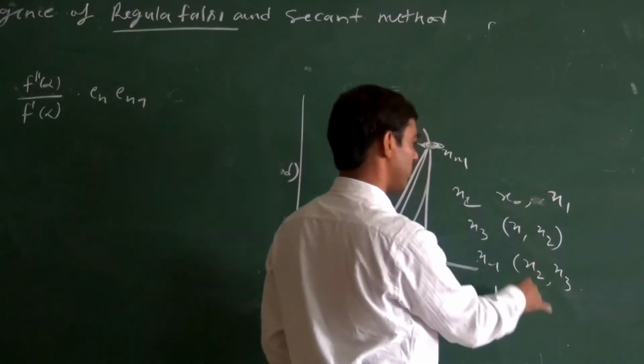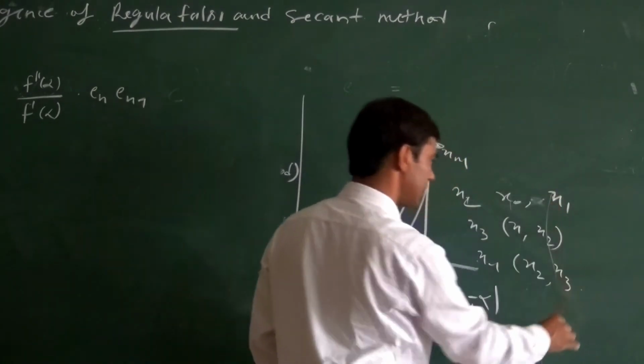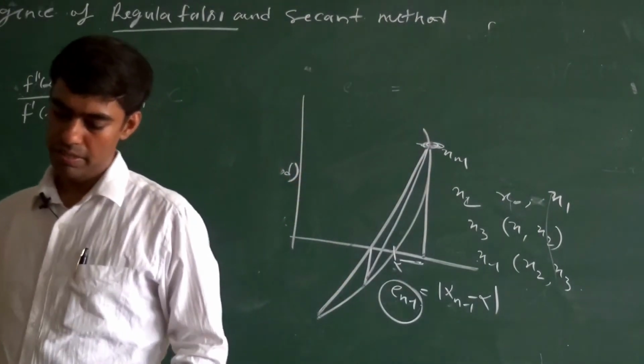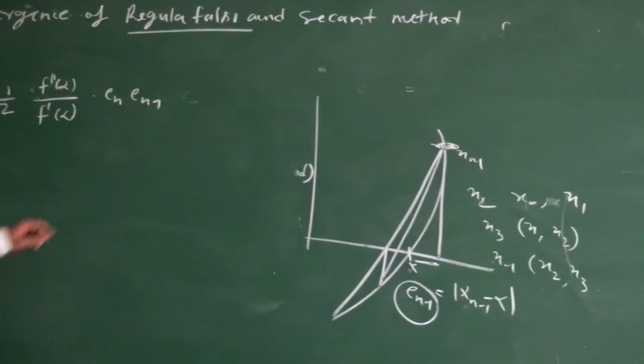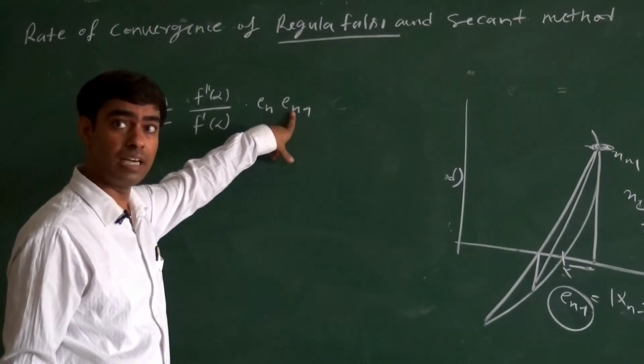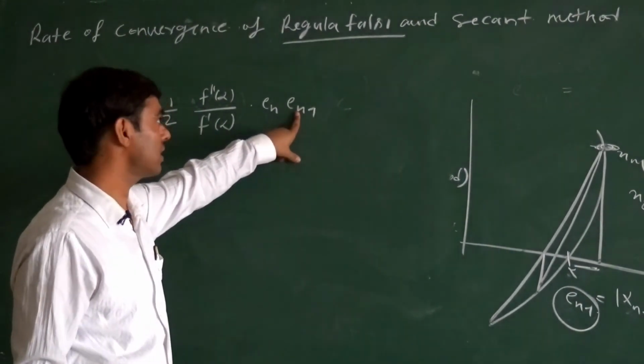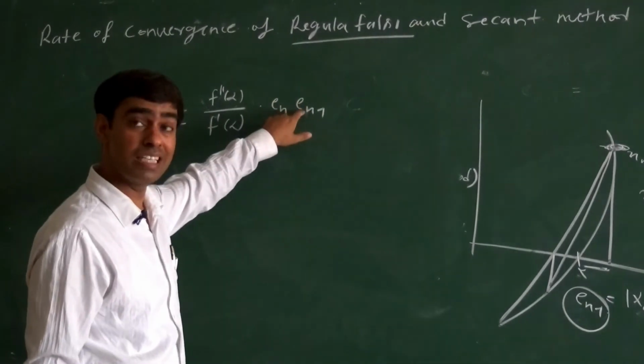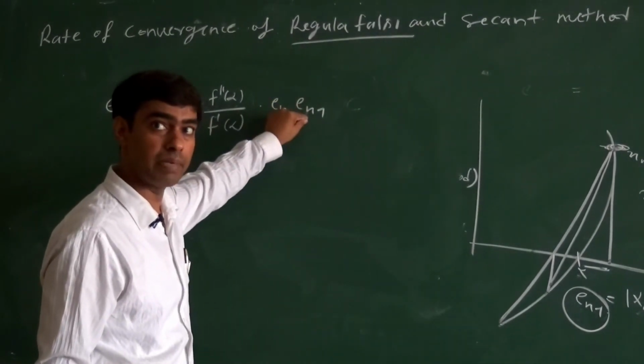Both ends vary. If both ends vary, then you cannot say En minus 1 is a constant. Here En minus 1 is also treated as a variable.